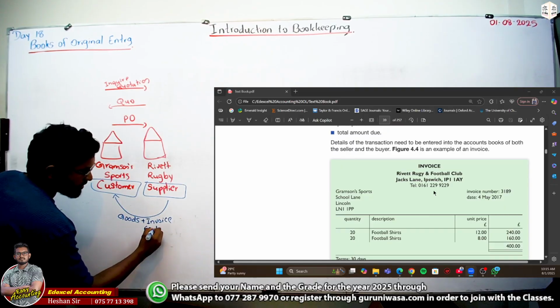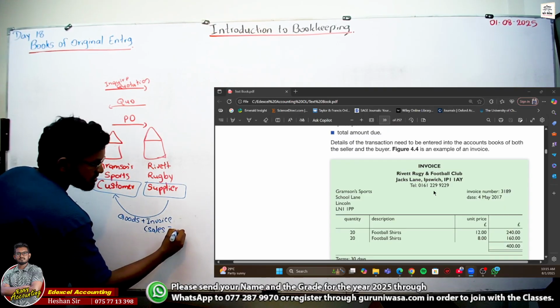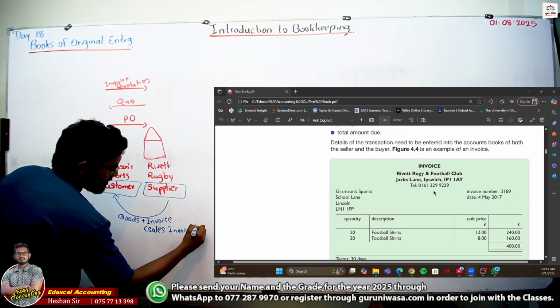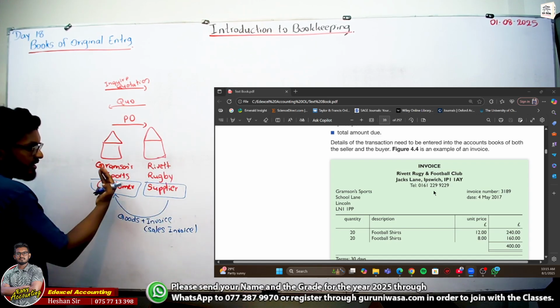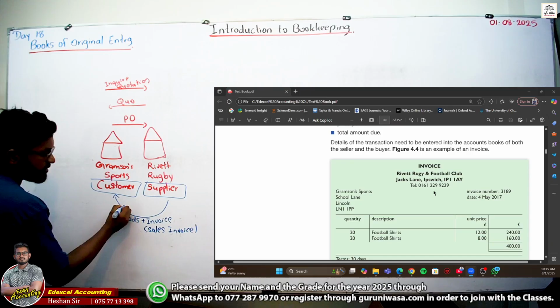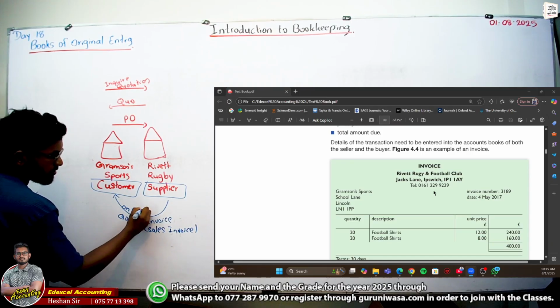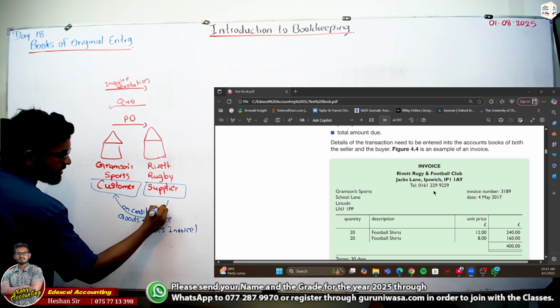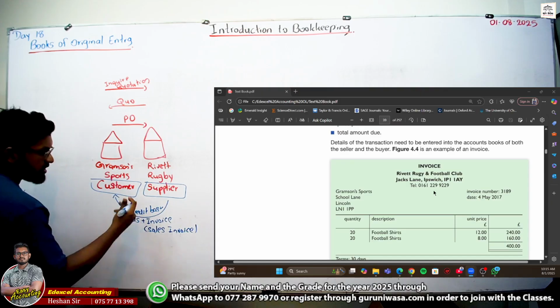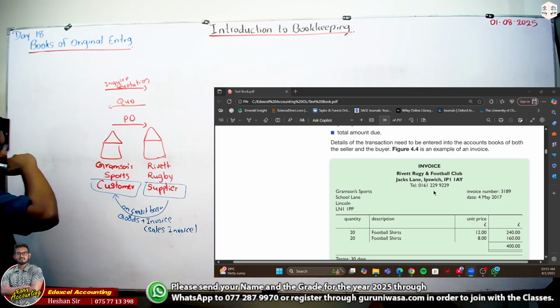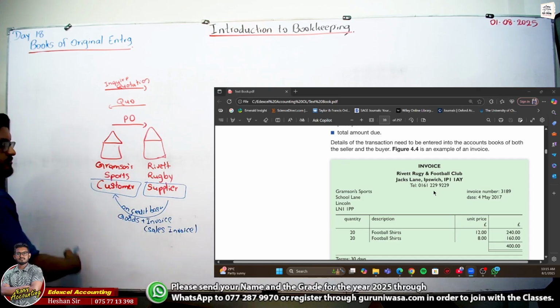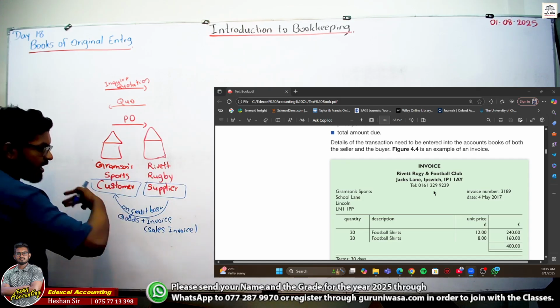Why? Because the supplier is the one who sends the goods on credit basis, along with the invoice. The supplier sends the invoice called a sales invoice because he's the one who is selling the item.